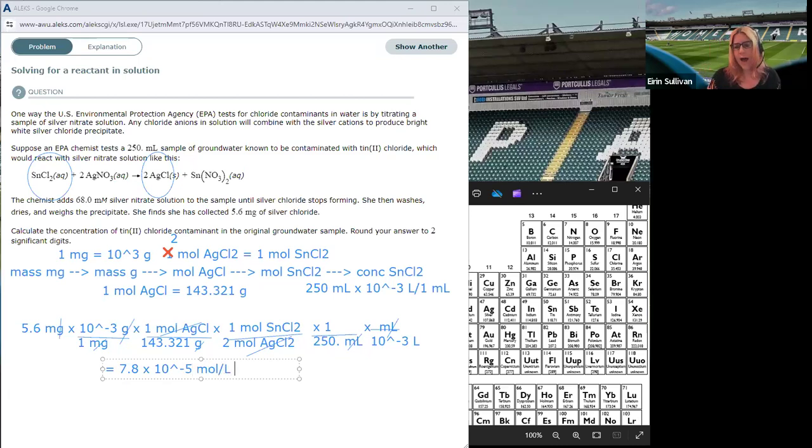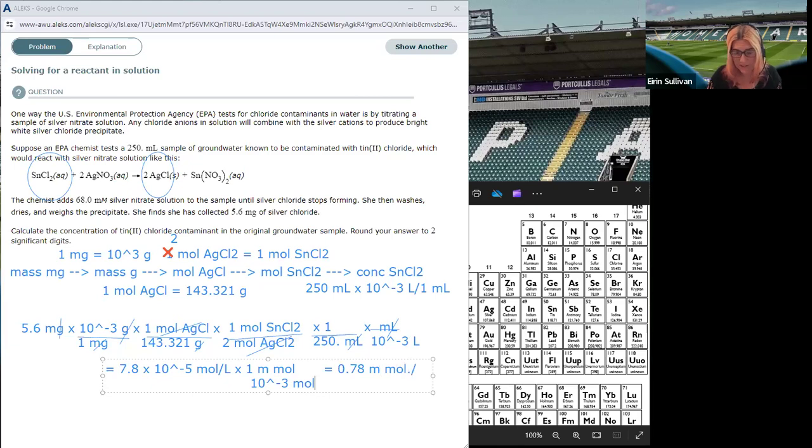So if ALEKS had asked to give it in millimoles per liter, I'm not sure if it does or not because I can't see, then we'd have to use the fact that 1 millimole is 10 to the minus 3 moles. So just in case, this is how you do it, okay? So I don't know. You have to see what the box asks you for. So then the moles would cancel out, and that would give me millimoles per liter. So divided by 10 to the power of minus 3. I don't know, in which case it'd be 0.078 millimoles per liter.